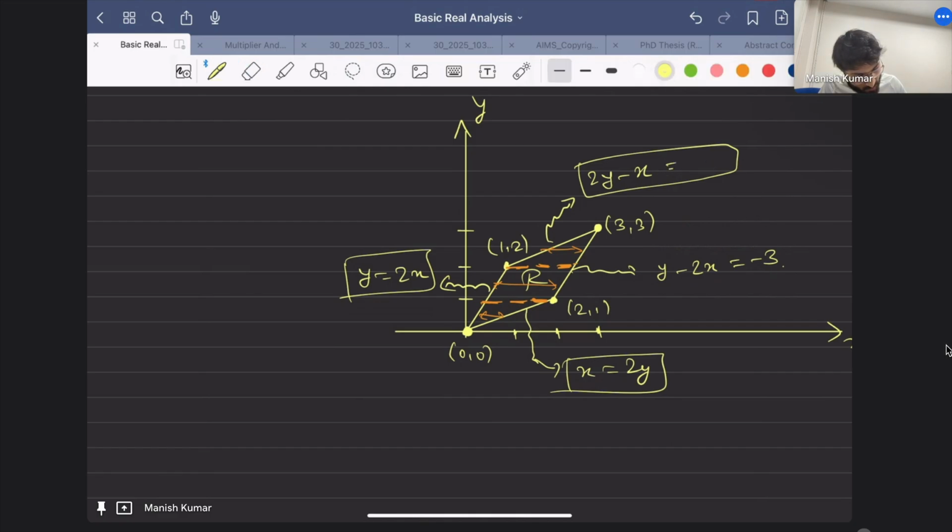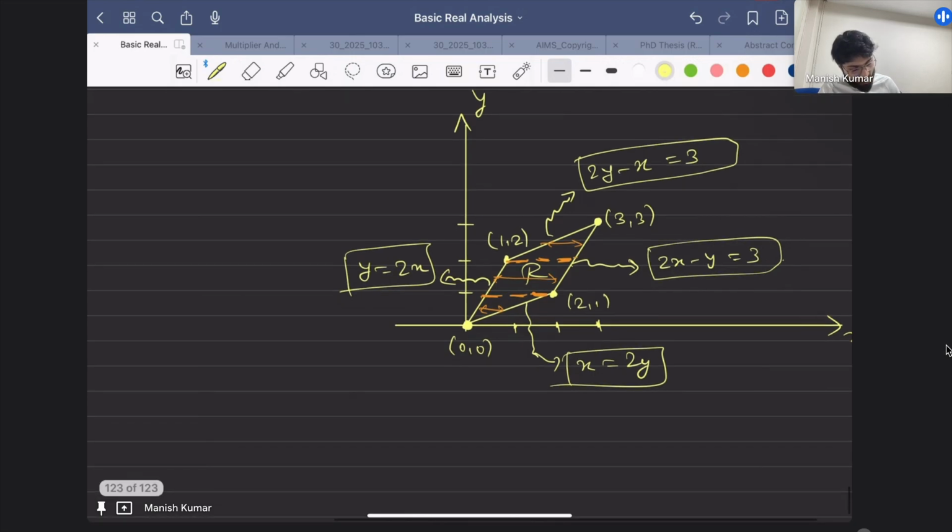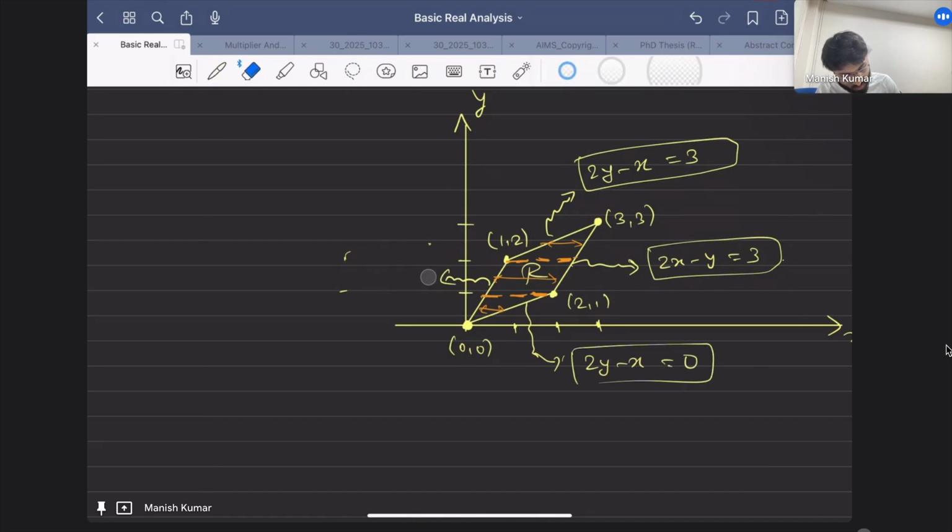This is a parallelogram, so I can translate it, right? So 2x minus y equals 3, and also 2y minus x equals 0, and 2x minus y equals 0.